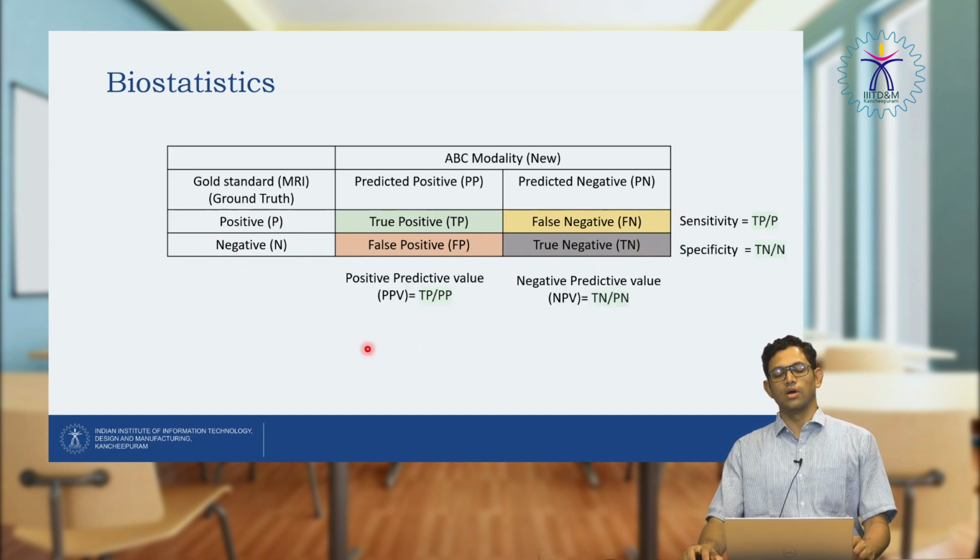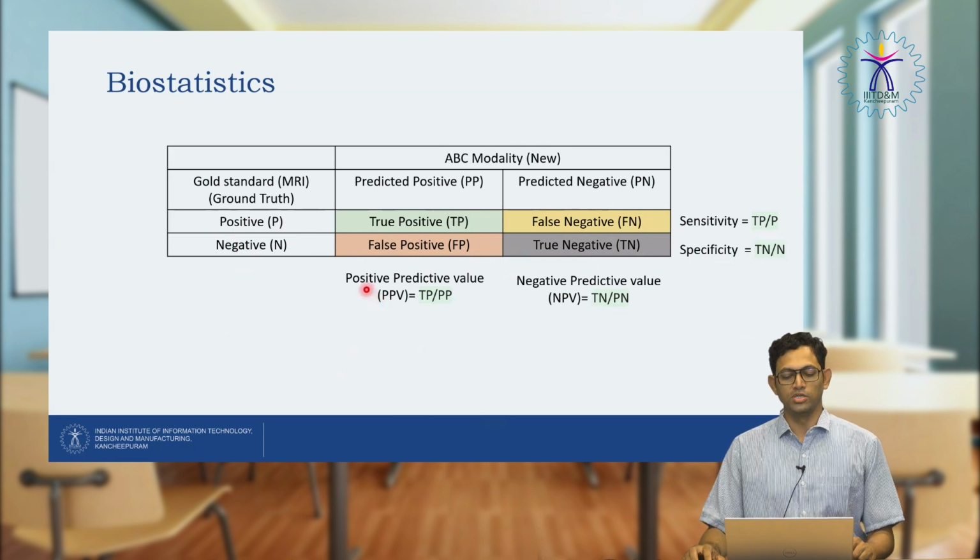Similarly, we have another terminology, that is positive predictive value, PPV. The PPV is defined as TP, that is true positive, divided by PP, that is predicted positive. Predicted positive means it's a summation of both true positive plus false positive, right? We will have an example so that you will get to know how we are defining all these terminologies.